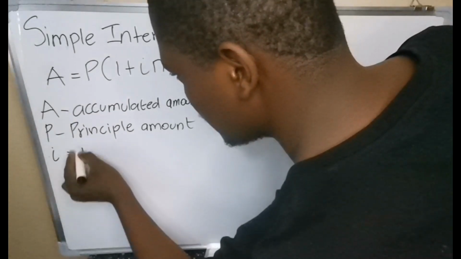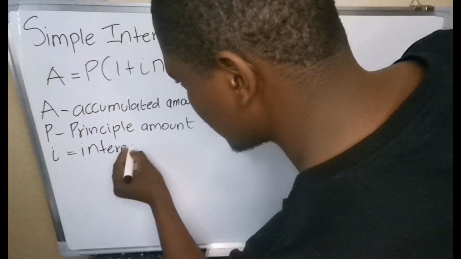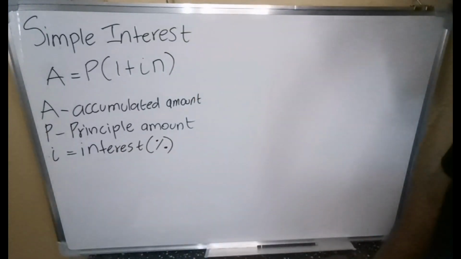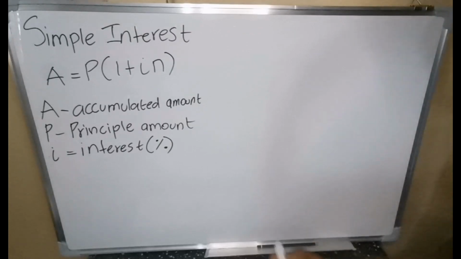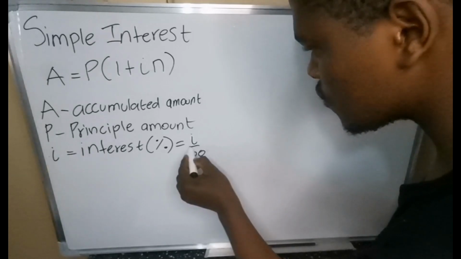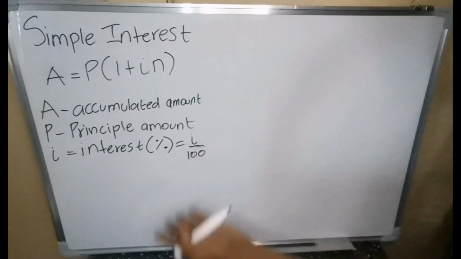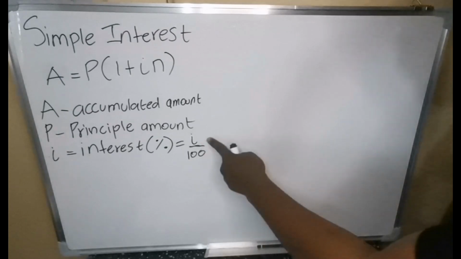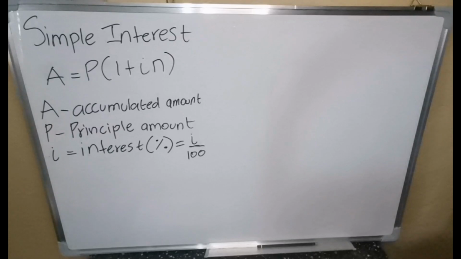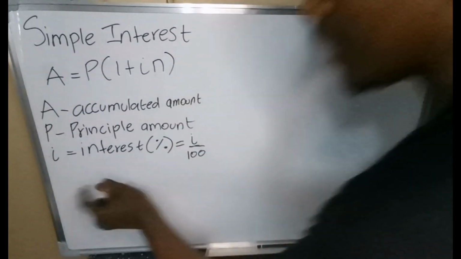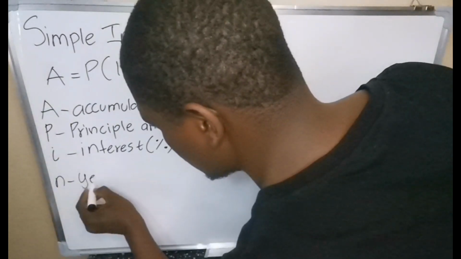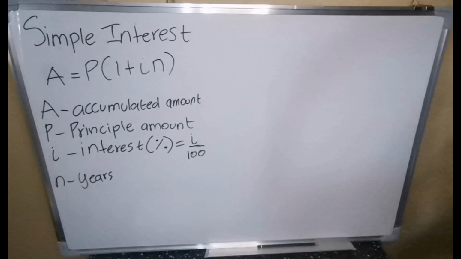I represents the interest in percentage, and it is calculated in percentage. Sometimes you break the percentage into I over 100. It can be 4%, then I'm going to say 4 over 100 when you calculate the interest, as we'll see in the examples. And you've got N. N represents the years, or number of years.